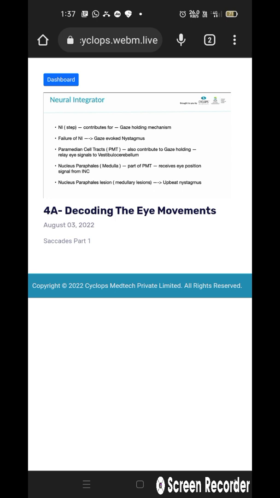Thereby a gaze evoked nystagmus can appear, whereby the eye is brought from the eccentric position towards the center by the recoiling forces, because the step signal is not there, and again a corrective quick phase towards the eccentric position, giving rise to gaze evoked nystagmus. So failure of the neural integrator leads to formation of a gaze evoked nystagmus.